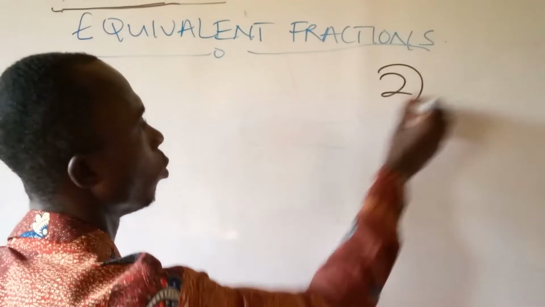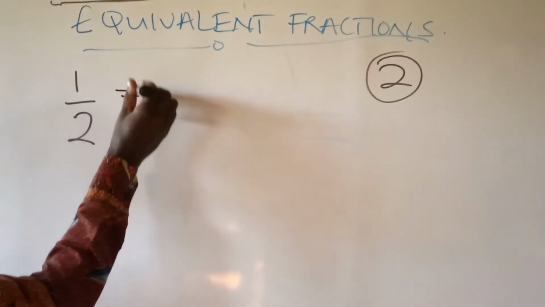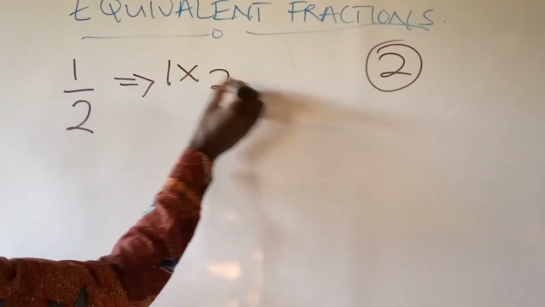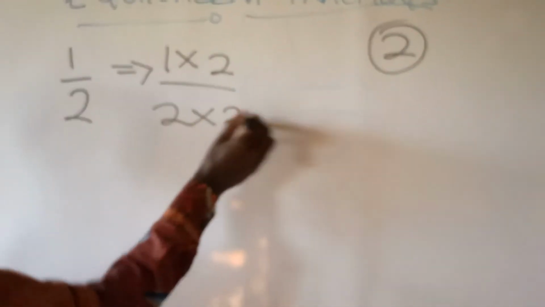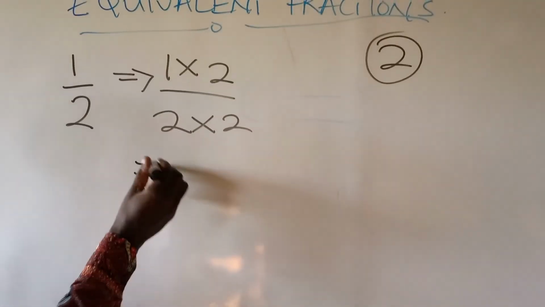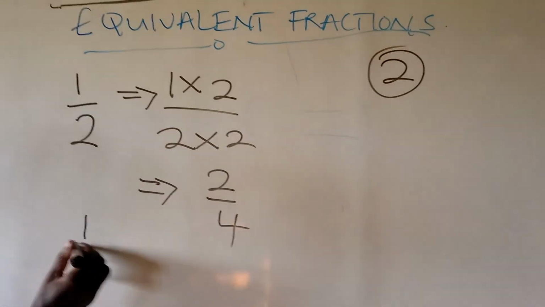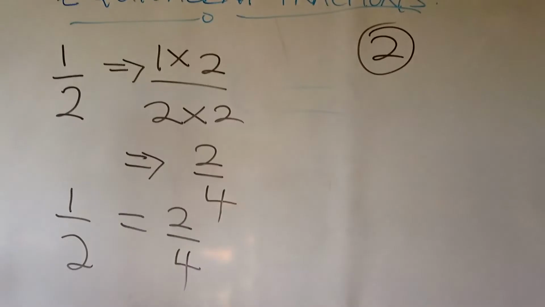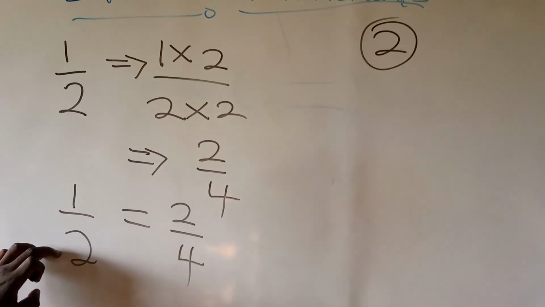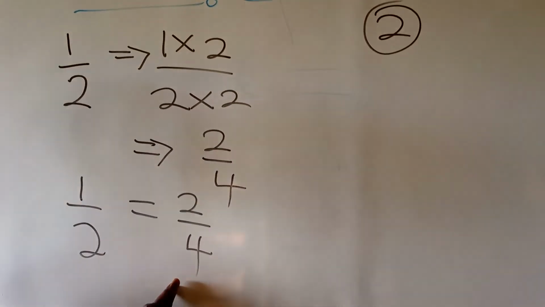So for instance, if I say 2, this means I'm multiplying the numerator by 2, and I'm multiplying the denominator 2 by 2. So it becomes 2 over 4. This means 1 over 2 is equivalent to 2 over 4 because the numerator and denominator are multiplied by the same number. Let me continue from here.